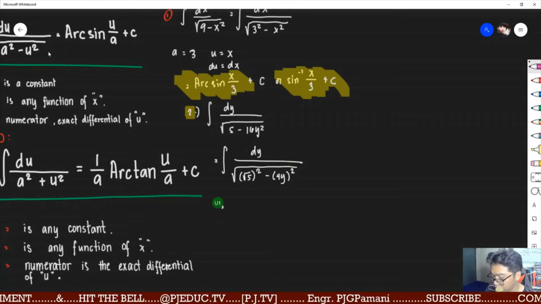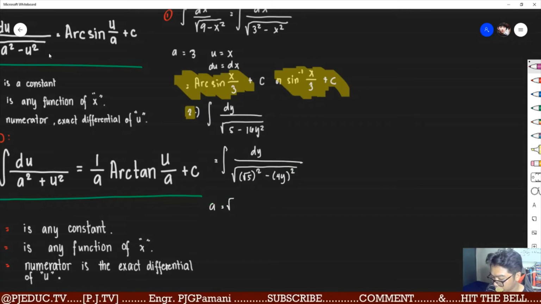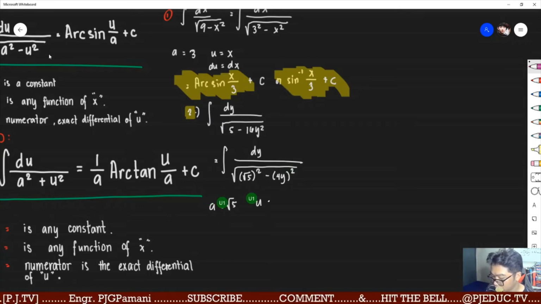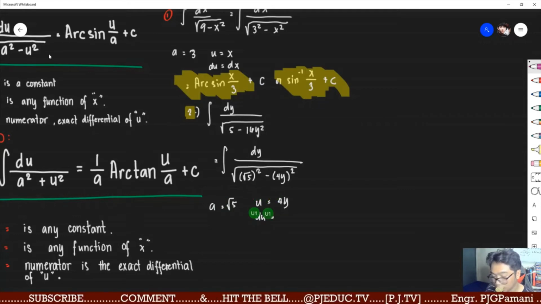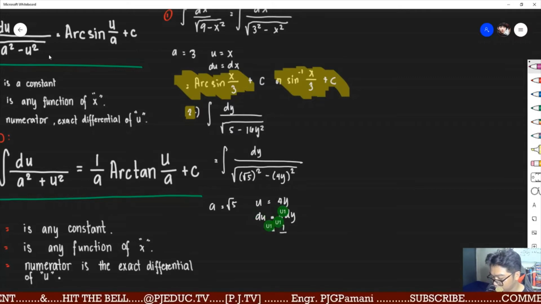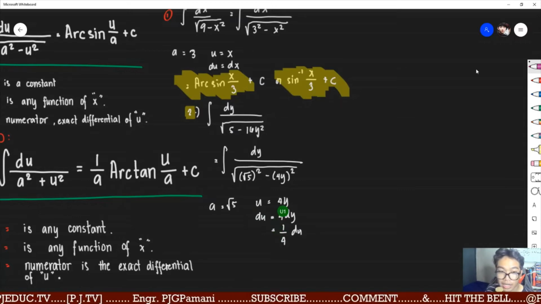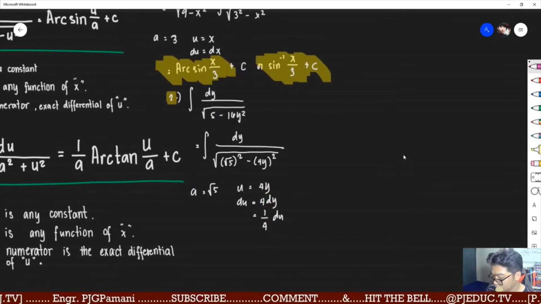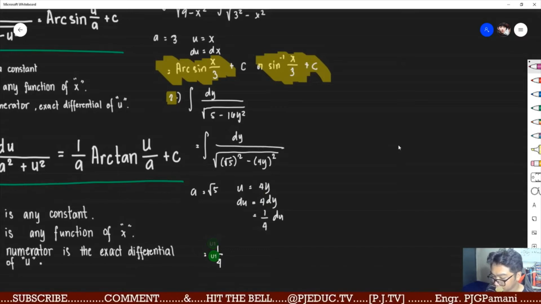So, we will now have our equivalent constant a, which is simply equal to the square root of 5, while u is simply 4y. The differential of the function u is simply 4 dy. So we'll have to introduce a correcting factor of 1/4 outside the integral symbol. So simply that is positive 1/4. Introduce lang natin yan.